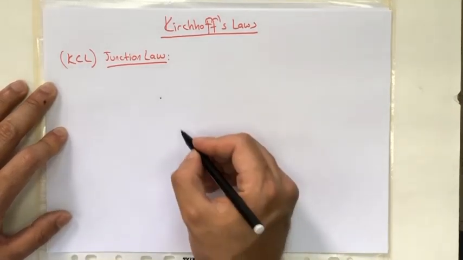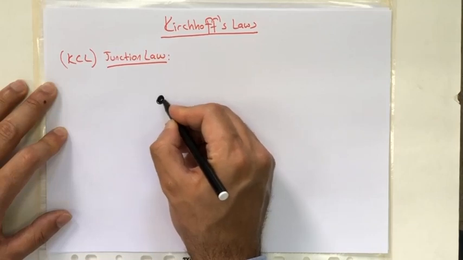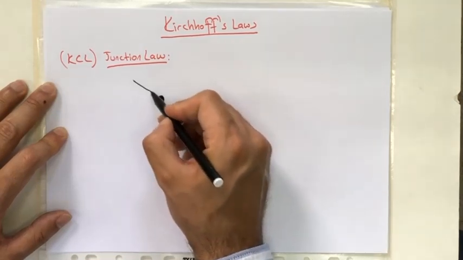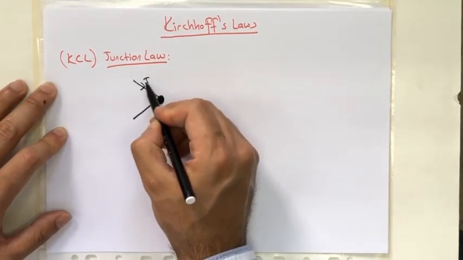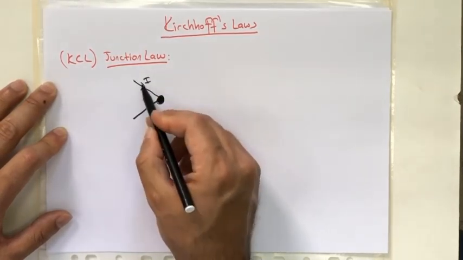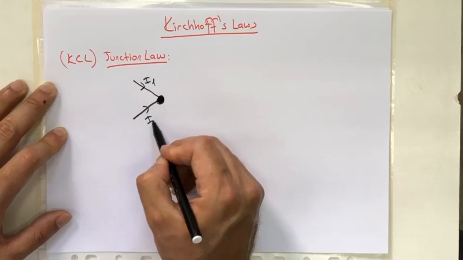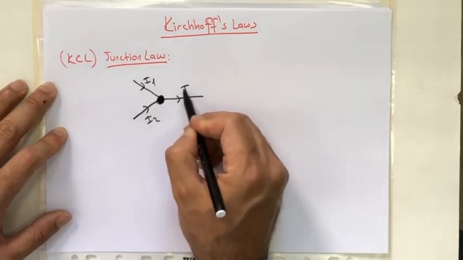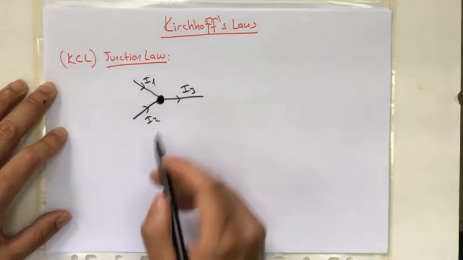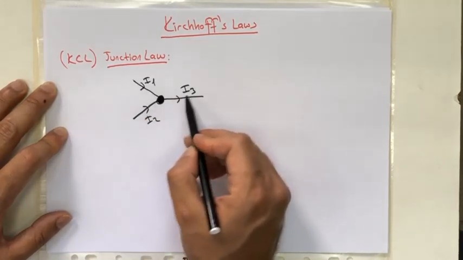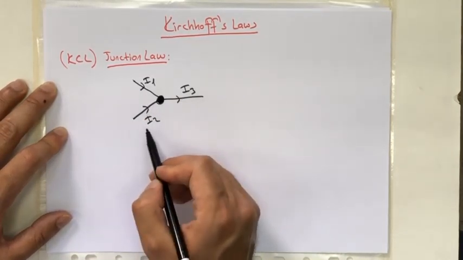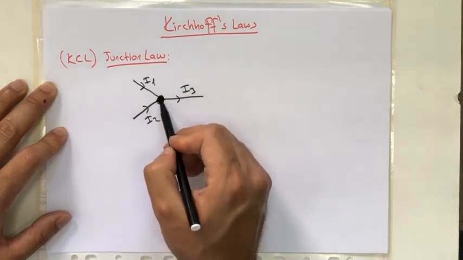For example, if we have a junction like that, let us assume this line is I1, this line I2, and this line I3. We assume these lines are the branches of the circuit, and this is the junction.